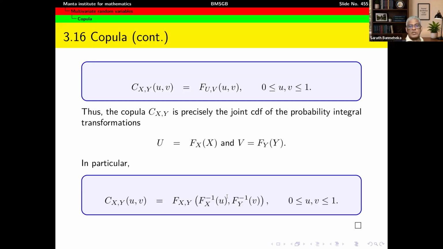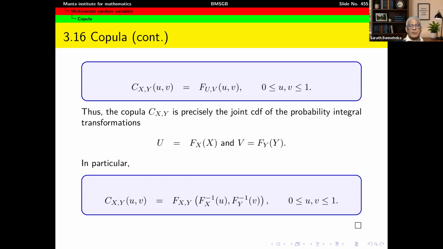Therefore, that is F_XY, where x_u is F_X inverse(u), and y_v is equal to F_Y inverse(v). So that is another expression that we can use for this unique copula. One way is to express it as the joint CDF of U and V, where U and V are directly related to X and Y, or it can be expressed in this way.